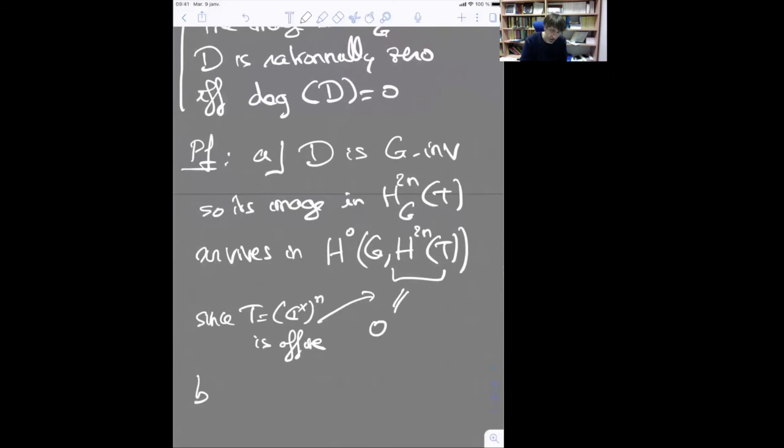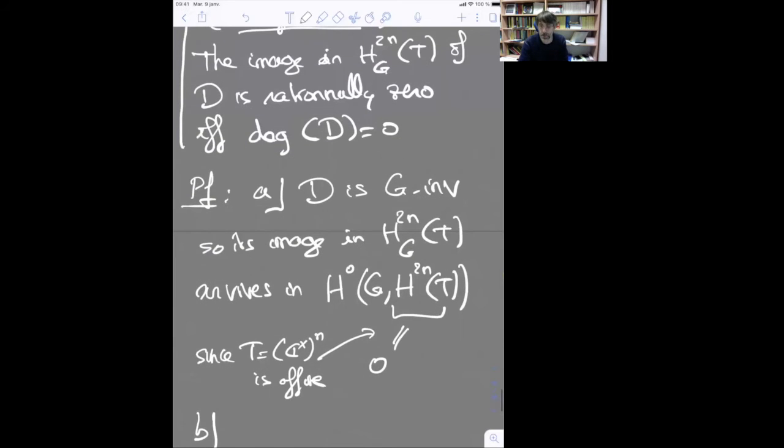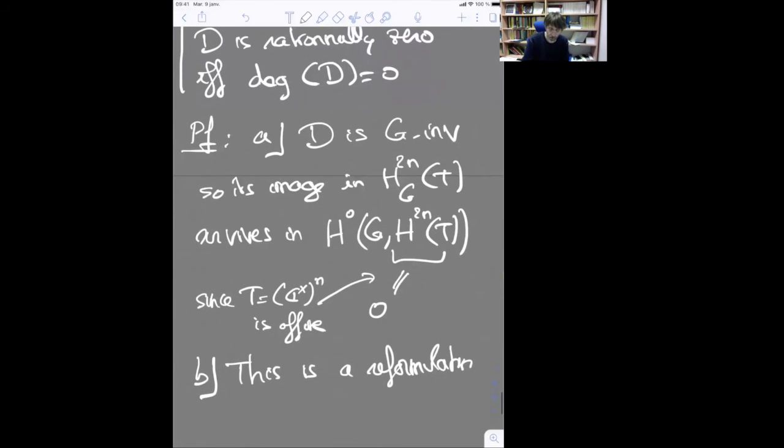In the second case, it's more subtle, but the statement is precisely a reformulation of Sullivan's lemma.